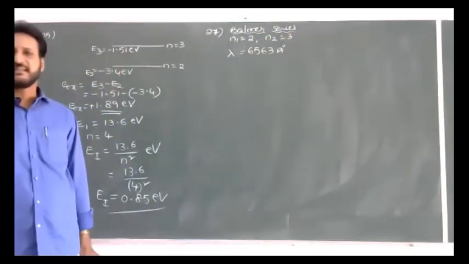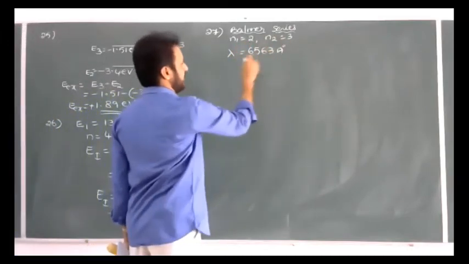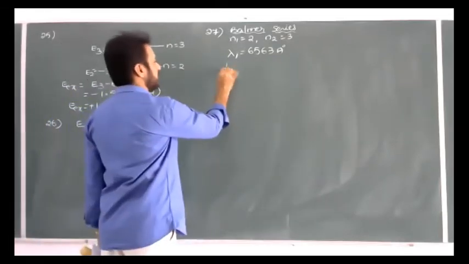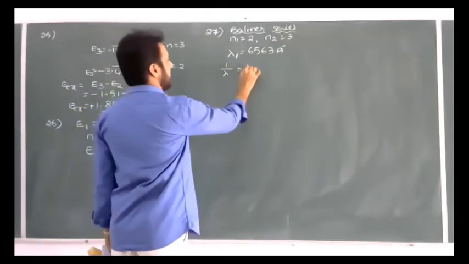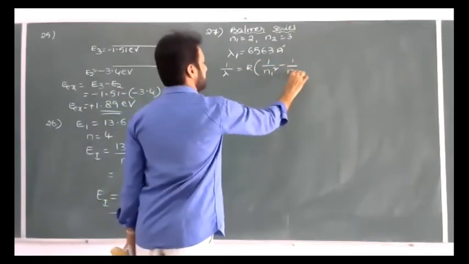For the first line of the Balmer series, we know n1 is equal to 2, n2 equal to 3, and lambda 1 is given. I'll use the formula 1 by lambda is equal to R into 1 by n1 square minus 1 by n2 square.